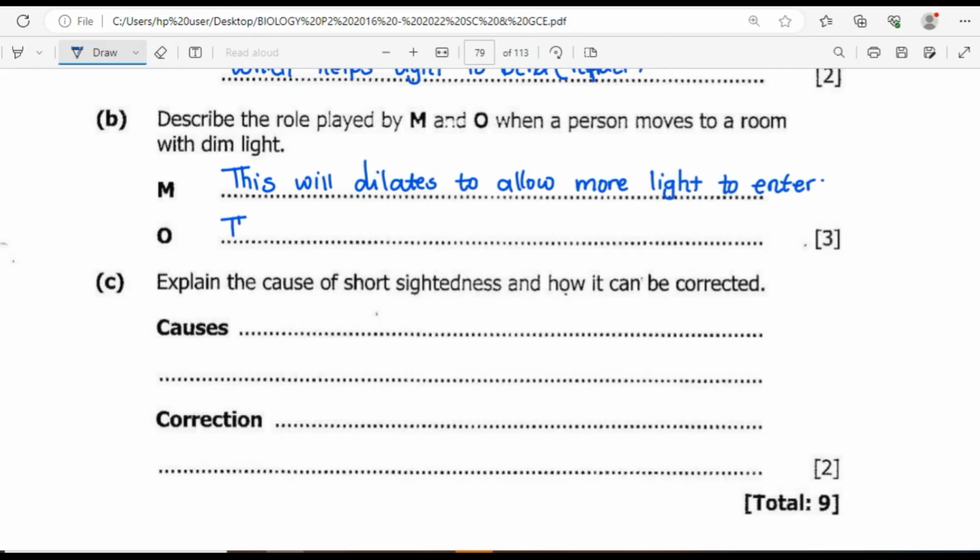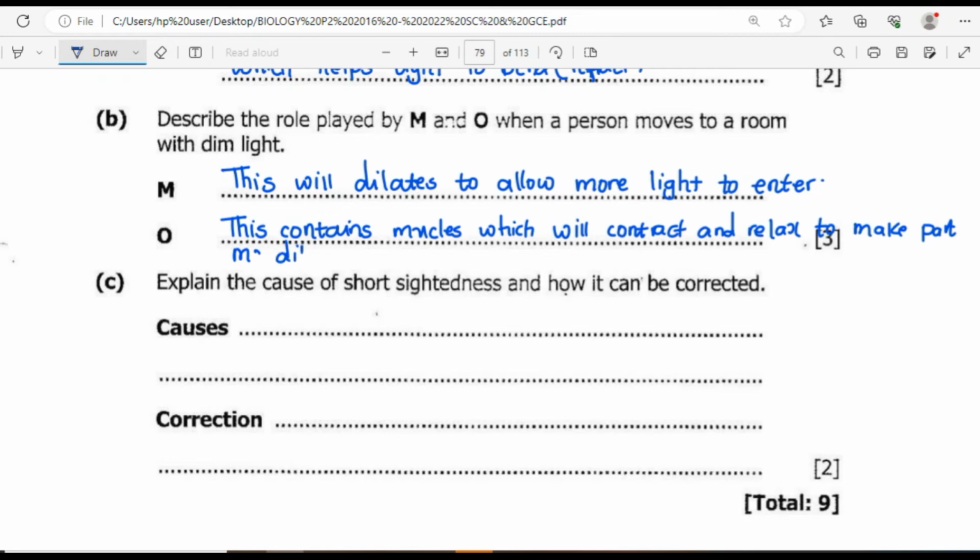So say this contains muscles which will contract and relax to make part M dilate.